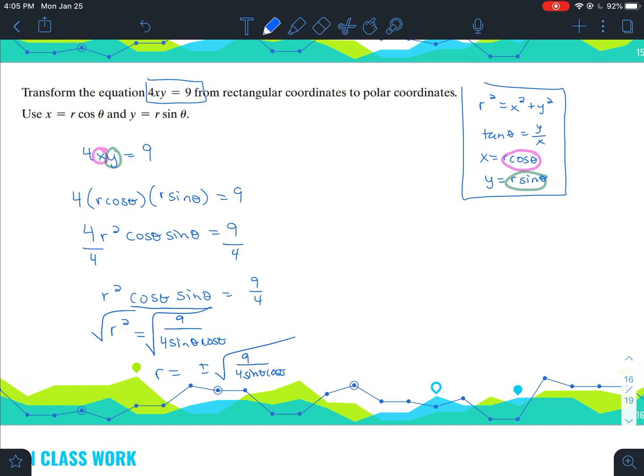If we go back up to this point right here, we had 4r squared cosine theta sine theta equals 9. You also have a way to simplify this so it looks a little bit nicer. Remember that sine 2 theta is equal to 2 sine theta cosine theta.